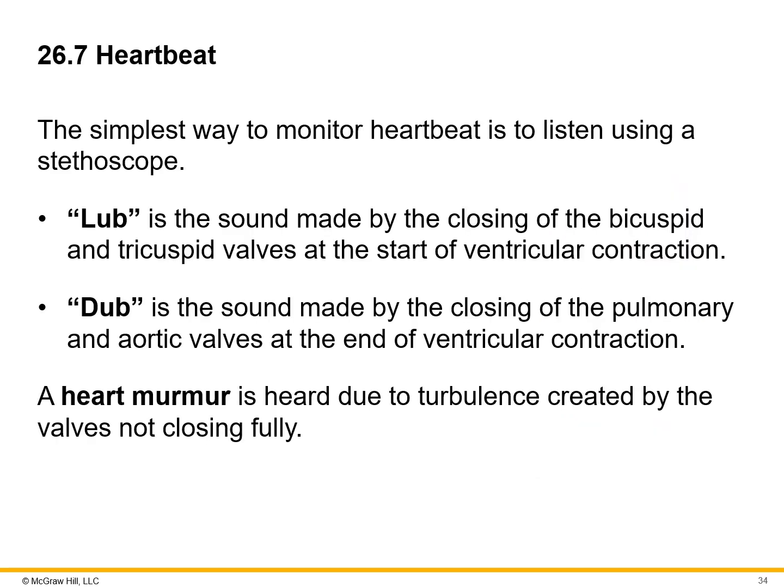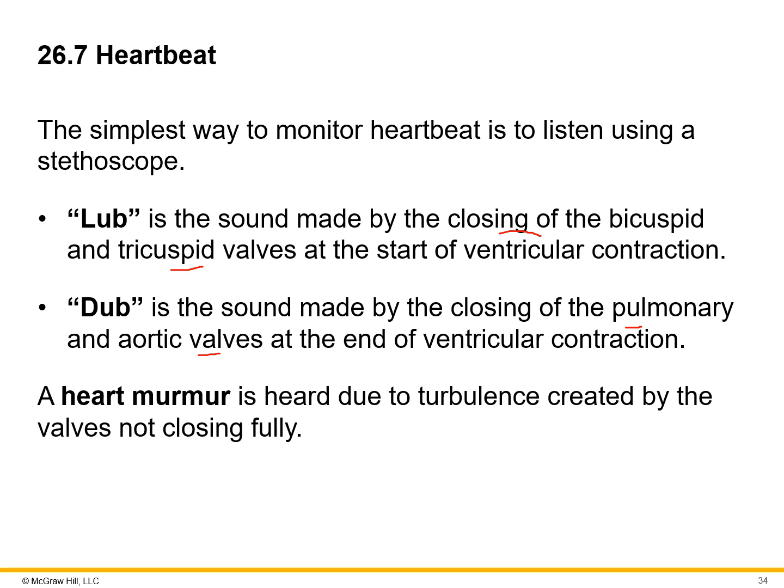So now looking a little bit at the heartbeat that we get. So of course that lub-dub sound that we hear is the closing. So the lub that we hear first is the closing of the bicuspid and the tricuspid valves at the start of the ventricular contraction. And then the dub is the closing of the pulmonary and the aortic valves at the end of the contraction.